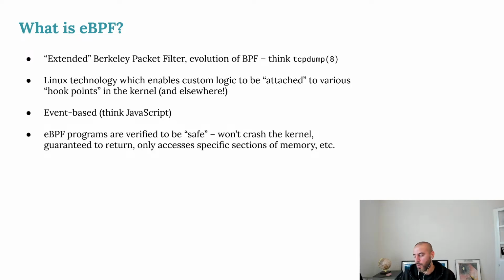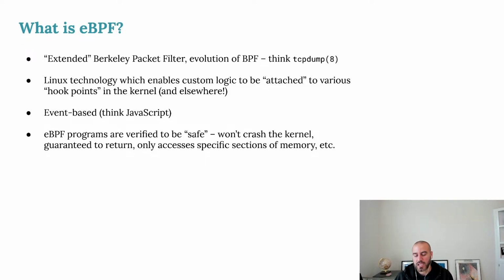With tcpdump, for example, if you've ever used that to capture network flows, what you're really doing is telling tcpdump: I want to capture packets that are TCP or UDP, and they're from this source address to this destination address, and so on. And the way that worked is by using the Berkeley Packet Filter subsystem.